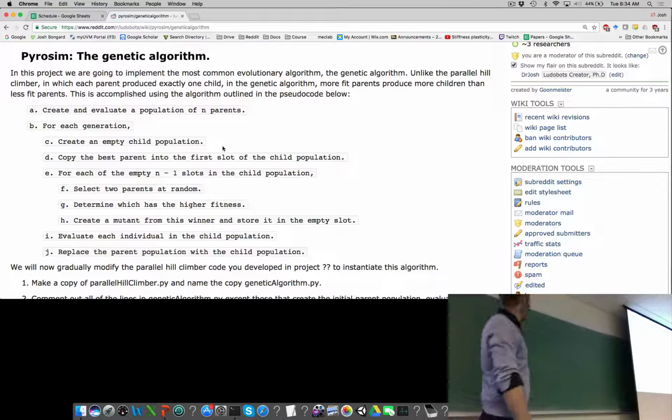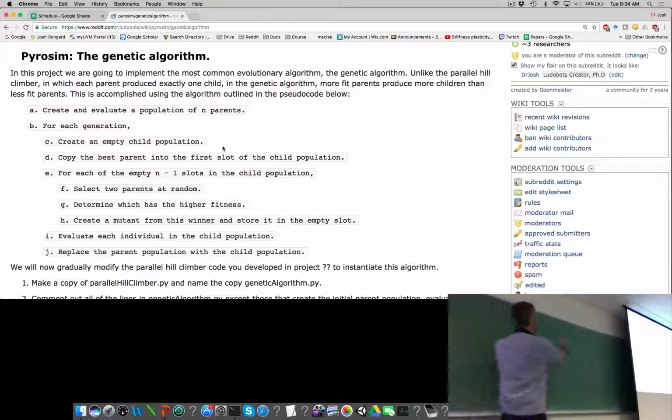So we go back to the parent population. We pick 2 parents at random. We check to see which of those 2 parents has the higher fitness. Whichever one has the higher fitness, let's say it's this one, we produce a copy of this individual, and then we mutate it and place the mutant into this slot here, and rinse and repeat.